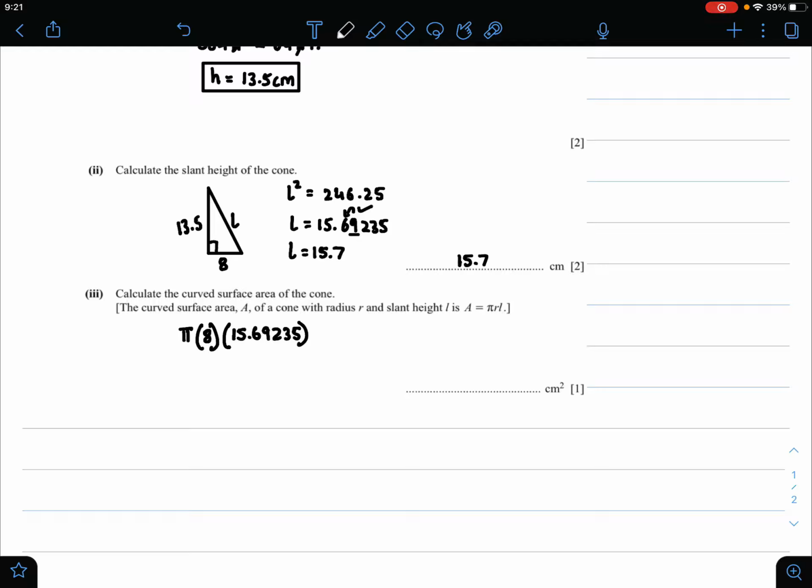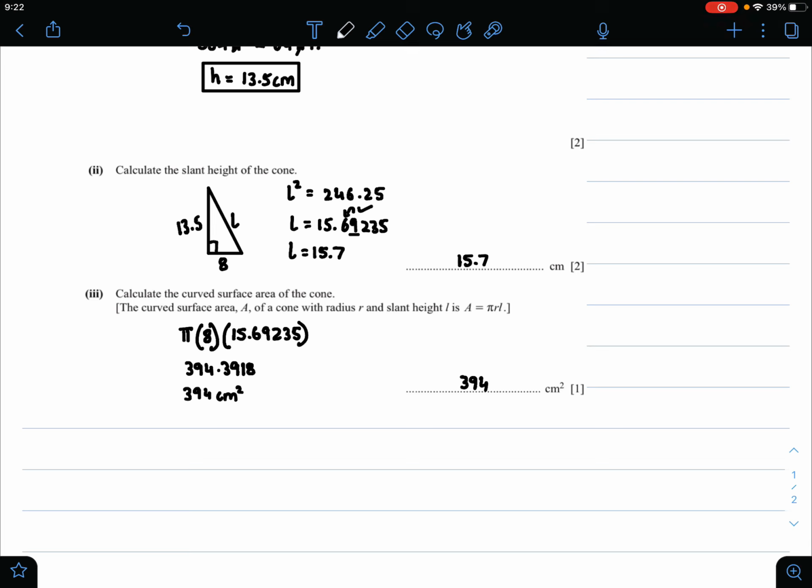So 15.69235 multiplied by 8 multiplied by pi is equal to 394.3918, and since we have to give our answer in 3 significant figures, your final answer will be 394 centimeters square.